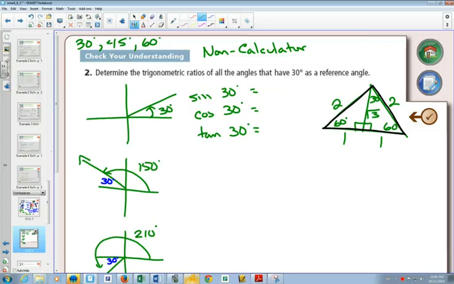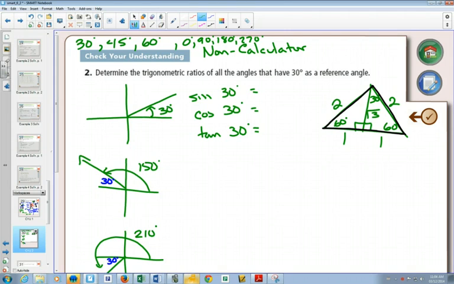And then you're going to need to know all the ones that have those as reference angles, which we're going to see: 150 you'll have to know, 210 you're going to know, and so on. You're also going to know 0, 90, 180, and 270. You'll have to know those ones as well.